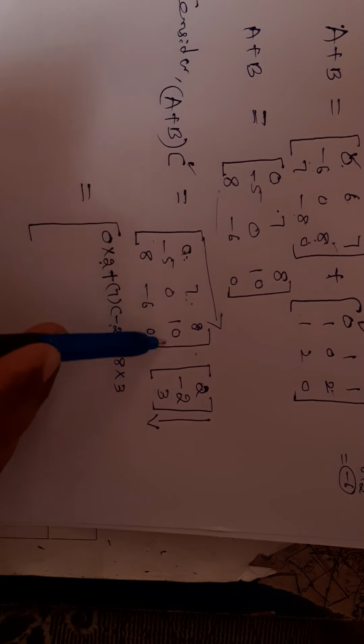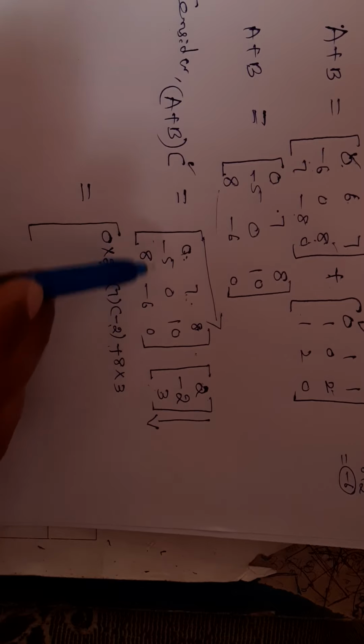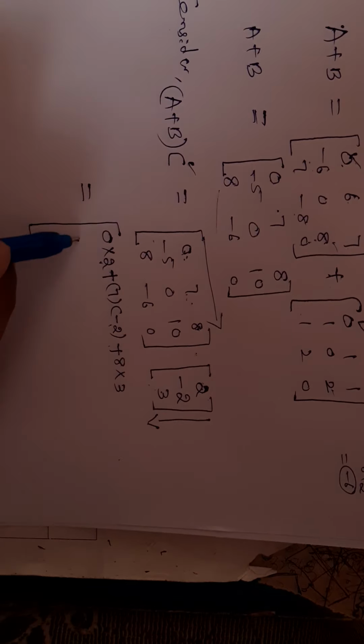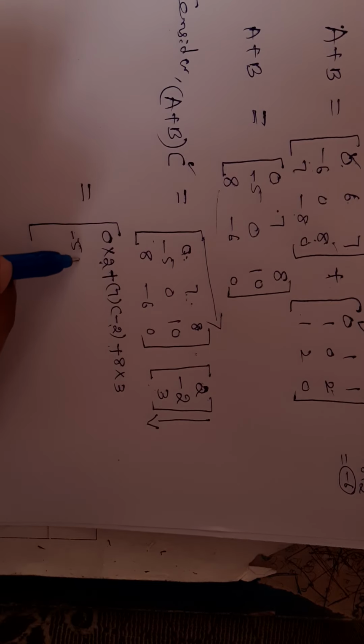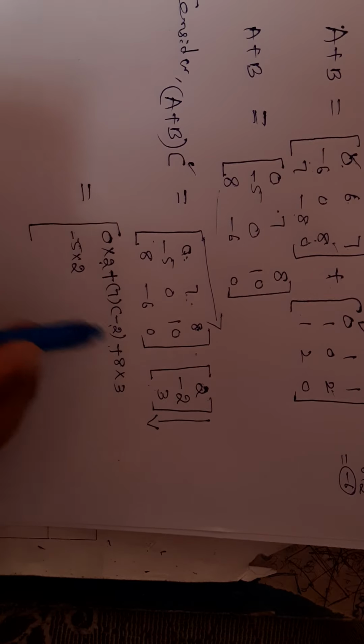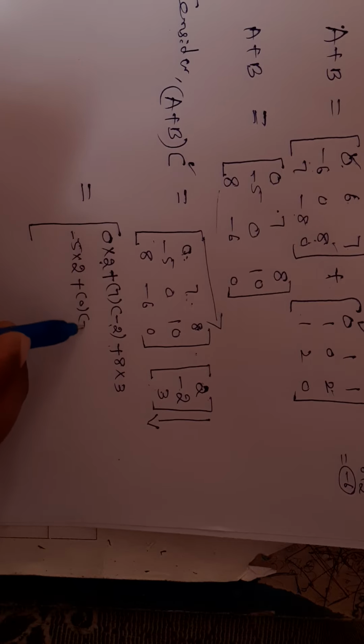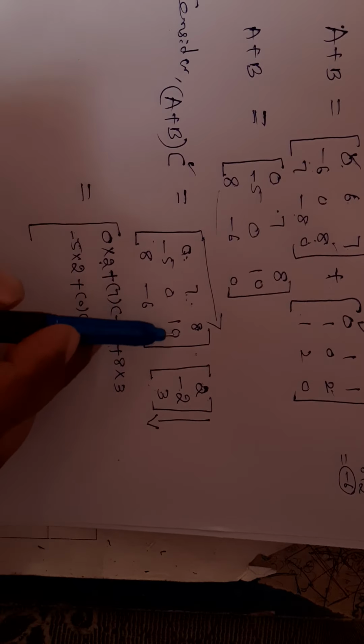Next, I have to consider second row and only one column is there. Second row, first column. I start from this element: minus 5 into 2 plus 0 into minus 2 plus 10 into 3.